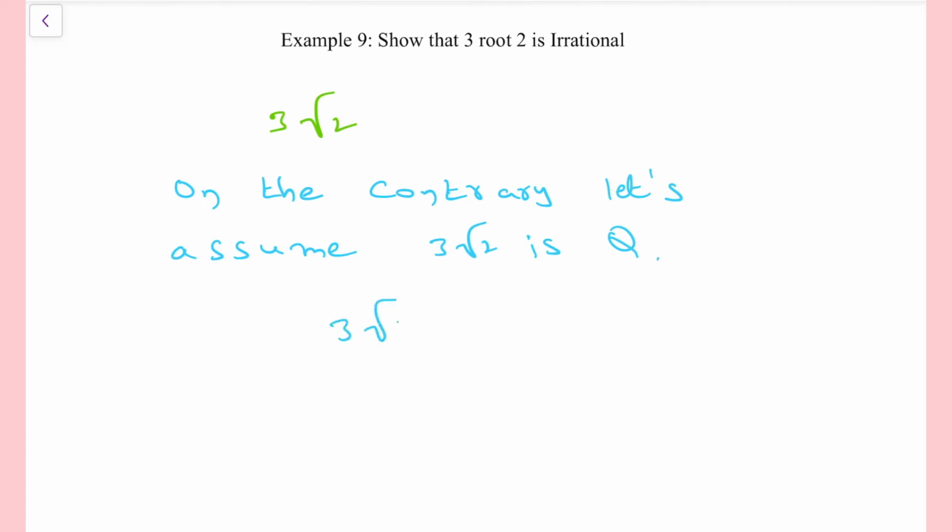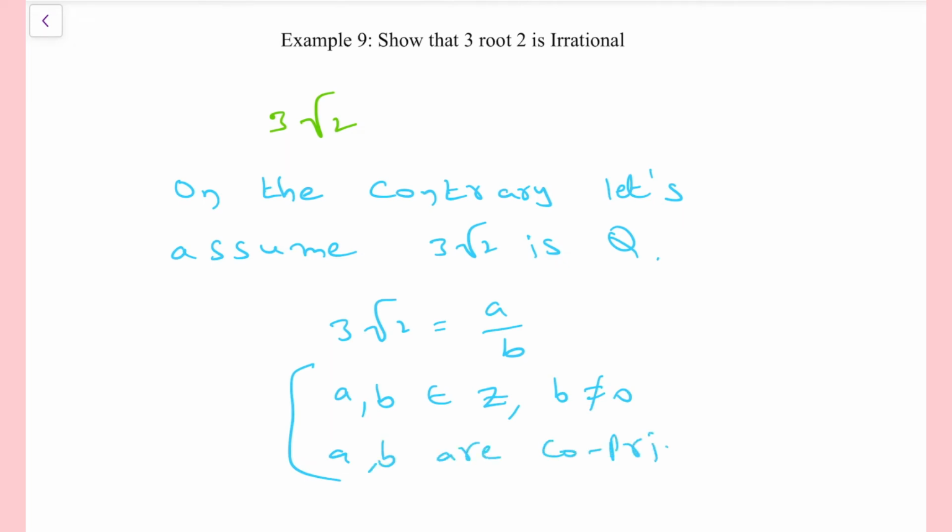So 3 root 2 equals a by b, where a, b belong to integers, b not equal to 0, and a, b are co-primes.